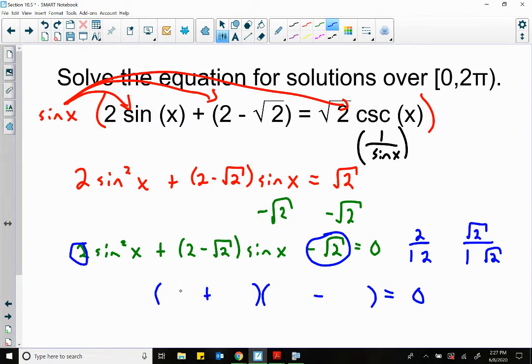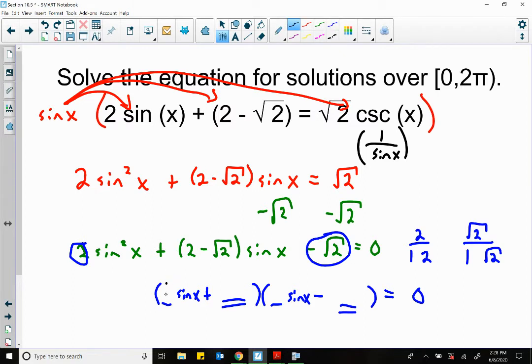We also know that sine x has to go in the first part because we need sine times sine to be sine squared. So all we're going to do is fill in those numbers here with either a 1 or a 2, and then fill in these numbers with either a 1 or a square root of 2. Okay? So it's trial and error.